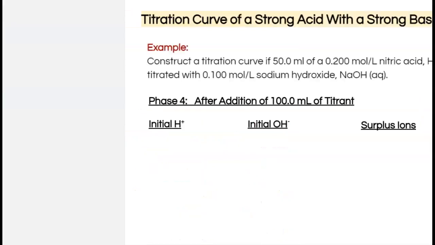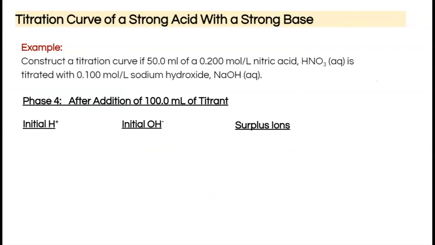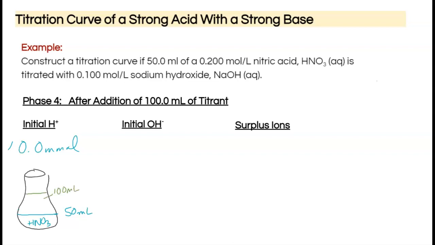Let's see what happens. Okay, so at this point, again, I'm always going to start out with 10 millimoles of hydrogen ion in my Erlenmeyer flask. That's that 50 milliliters. But now I'm going to have reached the point where I've added in another 100 milliliters of my sodium hydroxide.